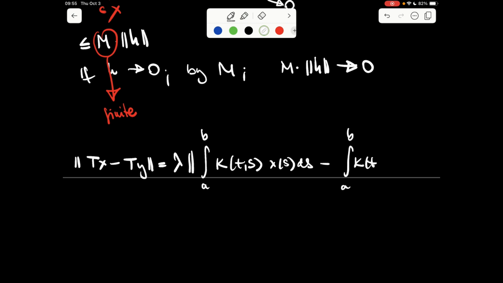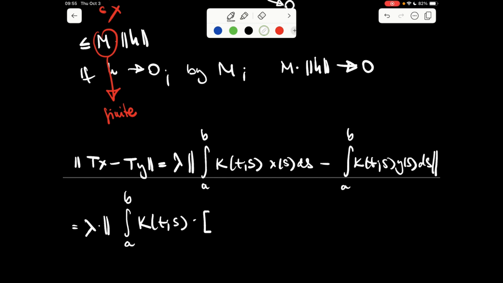and we apply the same operator to point y, and it equals, by the linearity of the integral operator, this guy.